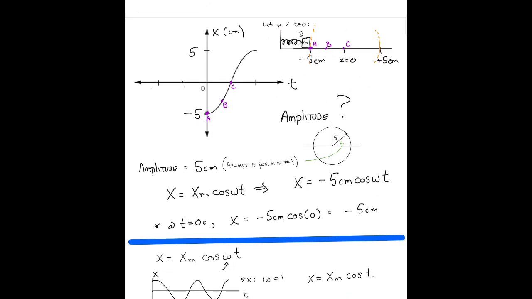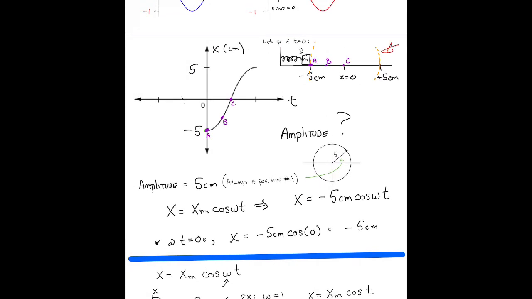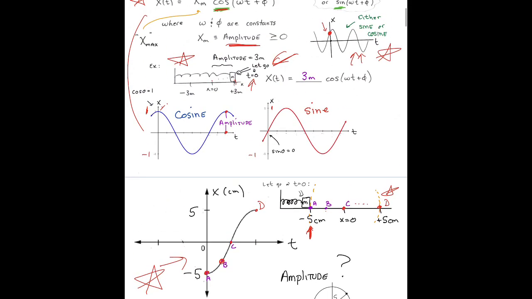So if I go down here, I have a spring system, and someone's already compressed it. It's sitting right there, maybe compressed 5 centimeters. Then they're going to let it go at time equals 0. So it starts at -5 at point A, eventually gets to point B, and then passes point C and keeps on moving out to point D. Well, that curve looks not like a sine, because a sine starts at 0.